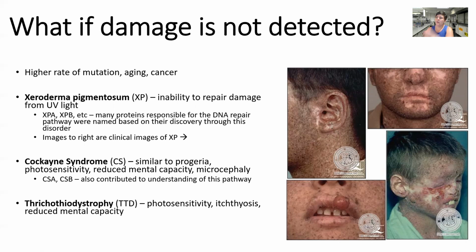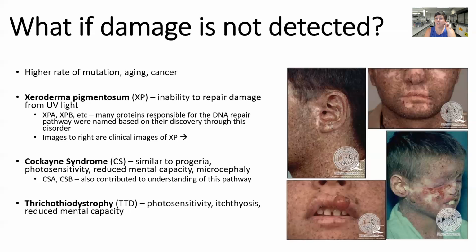Some other disorders are correlated with an inability to repair DNA damage. Another one that was critical in the discovery of these pathways is called Cockayne syndrome, or CS. It has some pretty interesting phenotypes. Photosensitivity is also a part of this, because this pathway is so important for repairing damage in response to UV light.